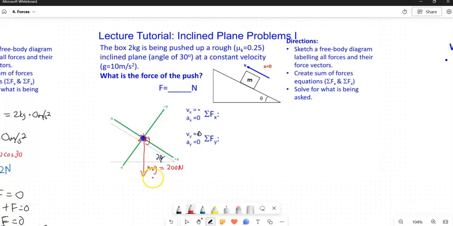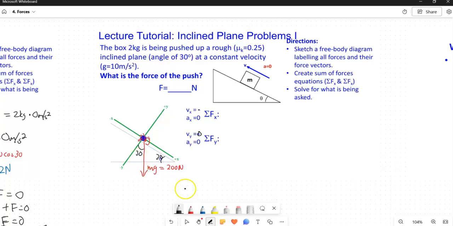Now, I want you to try thinking about this for a second. And remember the rules. If this is 30 degrees here, how do you recognize where the 30 degrees is relative to the mg vector? Well, that 30 degrees, again, has to be in between the y direction of the coordinate system and that mg vector right there.